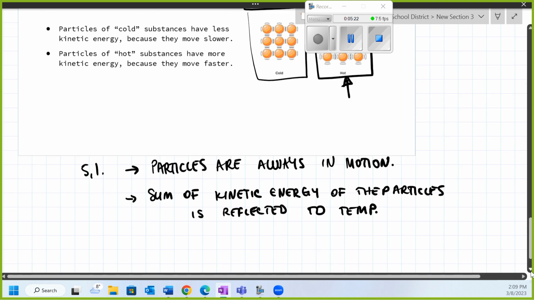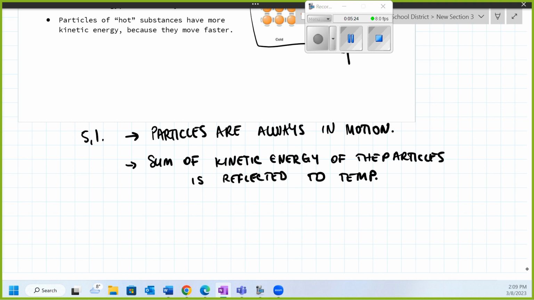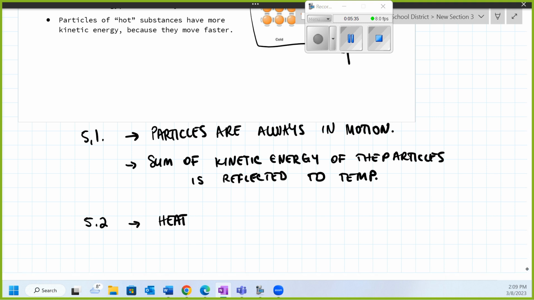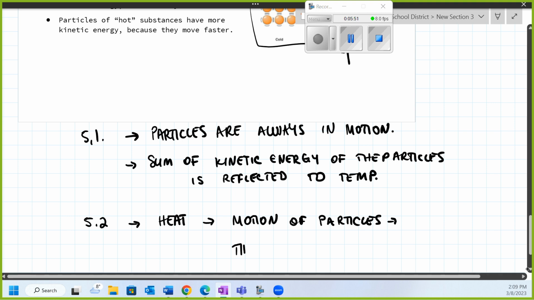And then on 5.2, what you should take is that heat is related to the motion of the particles of matter.